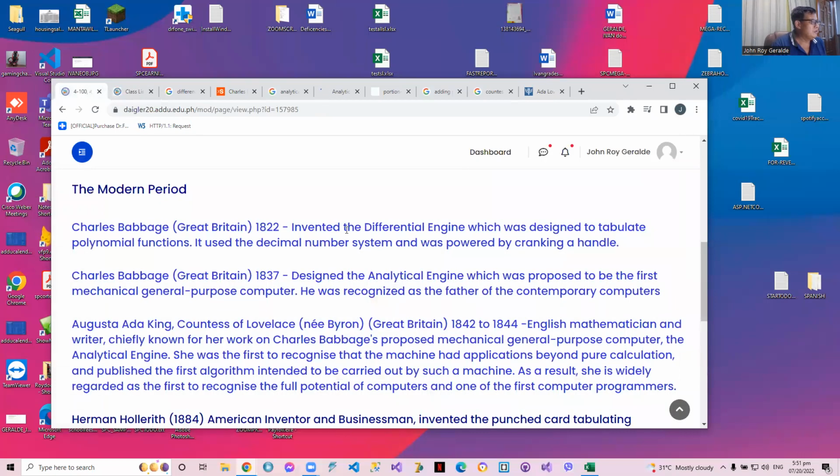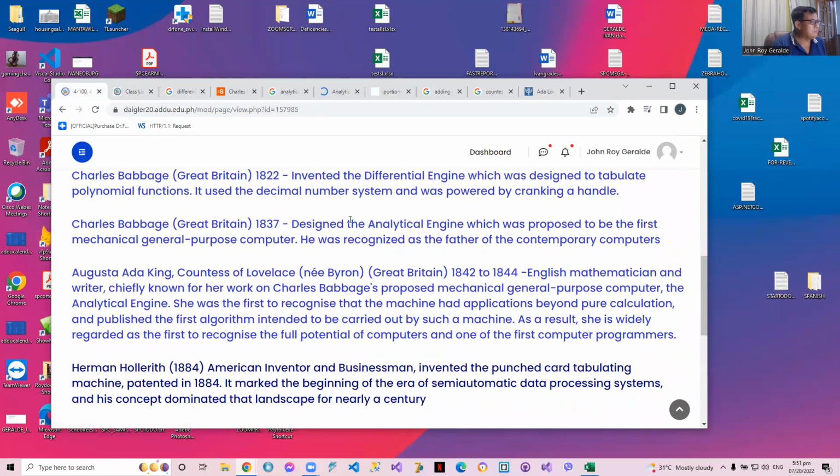Okay, do you follow? So Countess Ada Lovelace demonstrated how the invention of Charles Babbage can be used to solve real-life problems. She showed algorithms. During those times they were called algorithms, and nowadays they're also called algorithms, to be carried out on such a machine, which means these are programs. Countess Ada Lovelace is known today as the very first computer programmer.